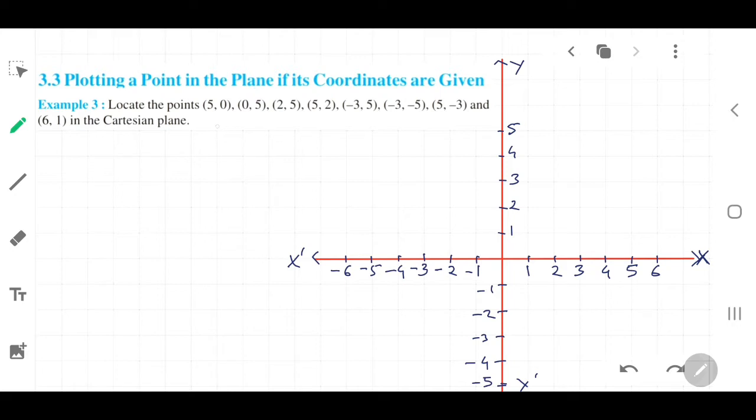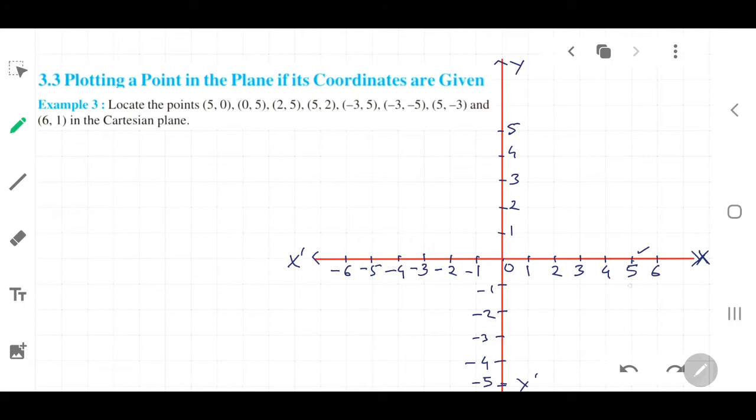As you know, 5 is for x-axis, correct? And 5 is given positive. So in x-axis you check where is 5. Here it is 5. Have you seen? And y-axis is given 0. That means it will lie on the x-axis itself.